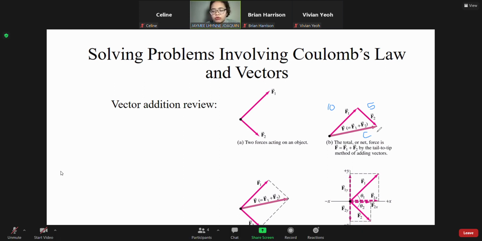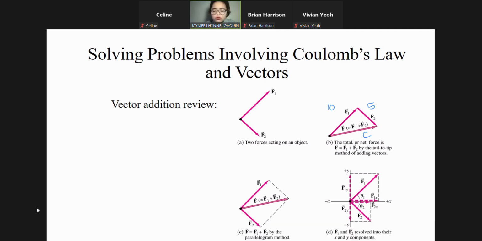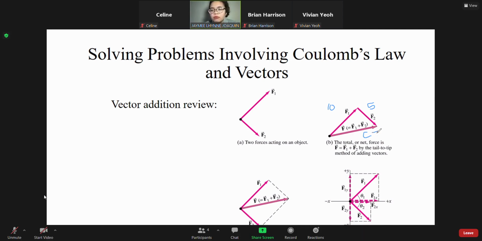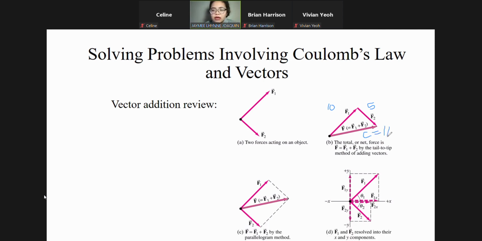The square root of 125 would be 11.18. So most probably your c would be 11.18.